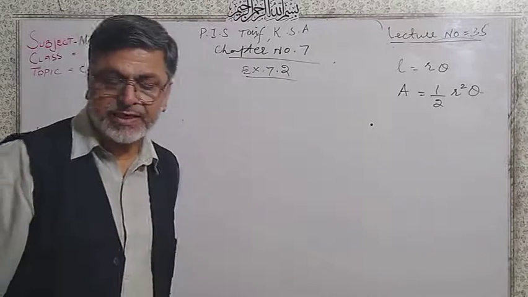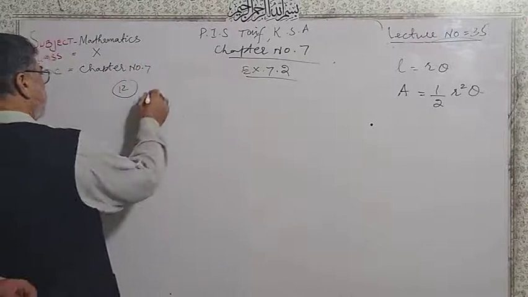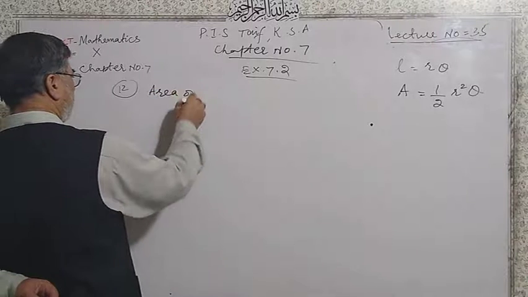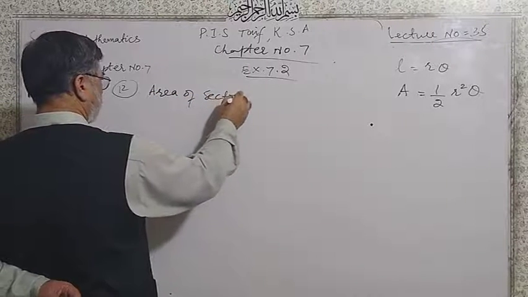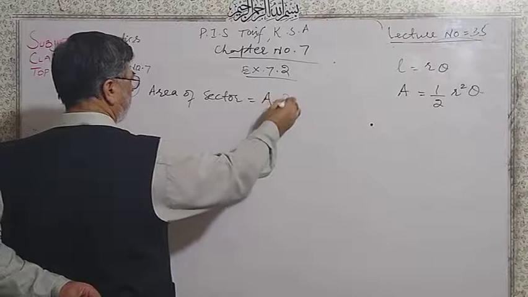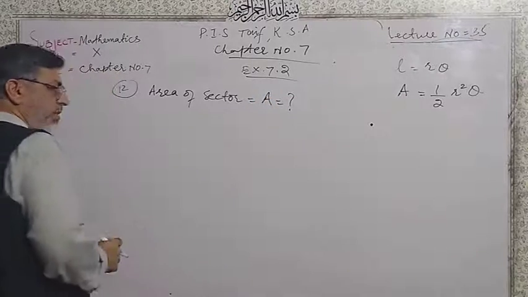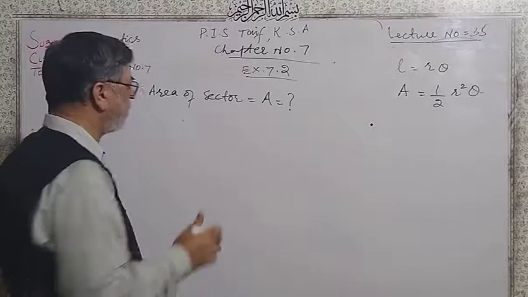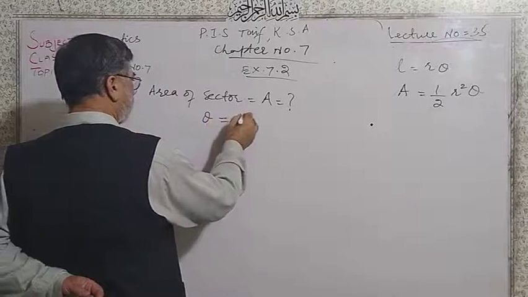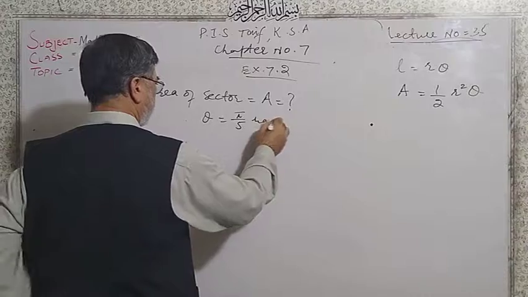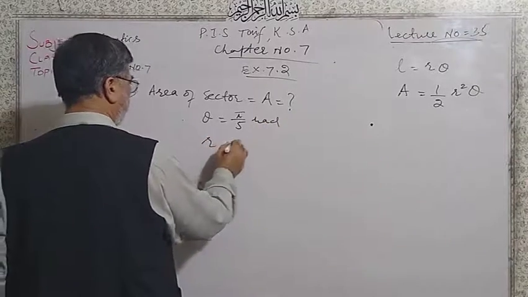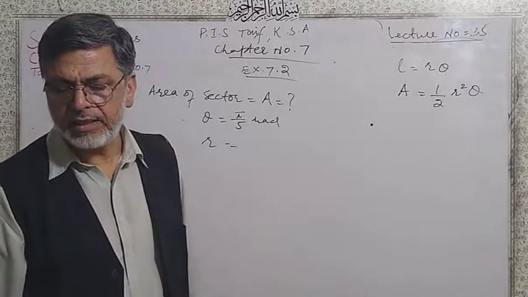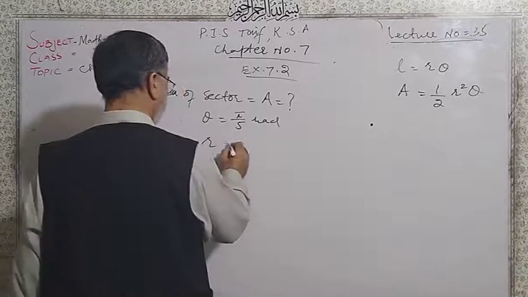Find area of sector. You have to find A, whereas central angle theta is equal to pi by 5 radian and R is equal to 10 centimeter.